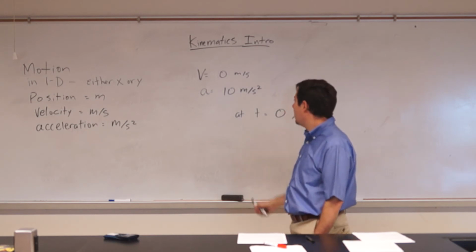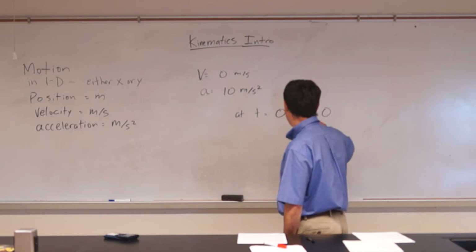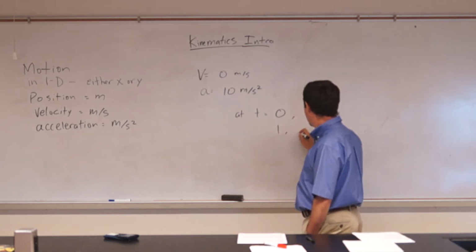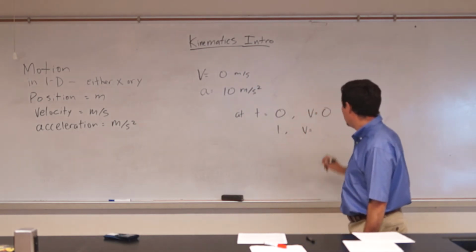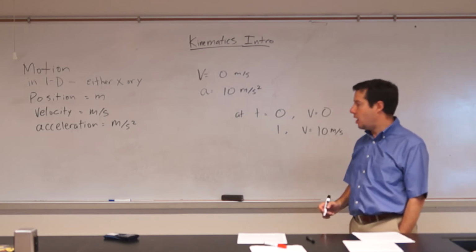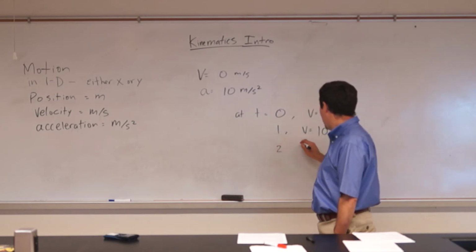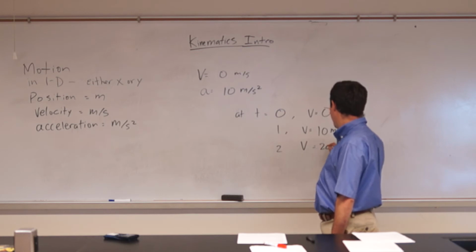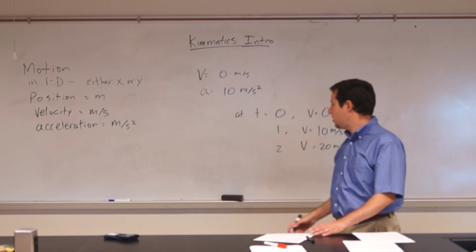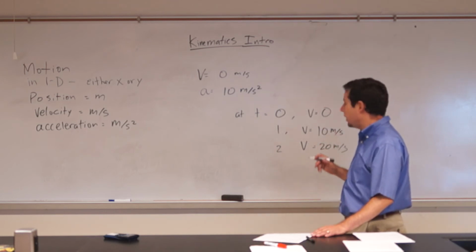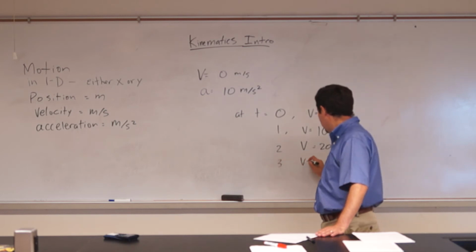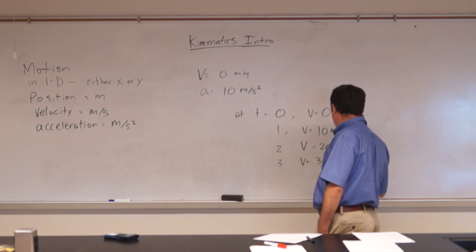Our acceleration is still 10, but we're not moving. But after 1 second, our velocity is now equal to 10 meters per second. We've sped up. After 2 seconds, our velocity is now equal to 20 meters per second. And so on and so forth. So each second, we're speeding up. At 3 seconds, our velocity is 30 meters per second.